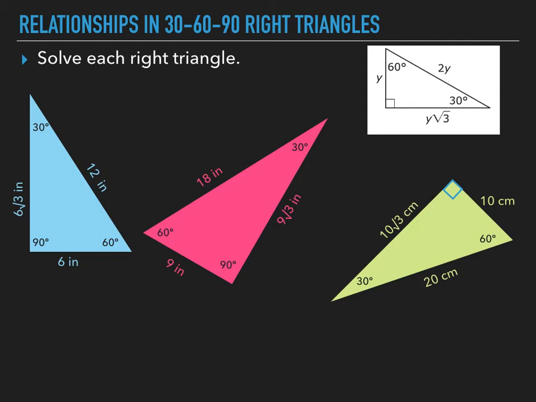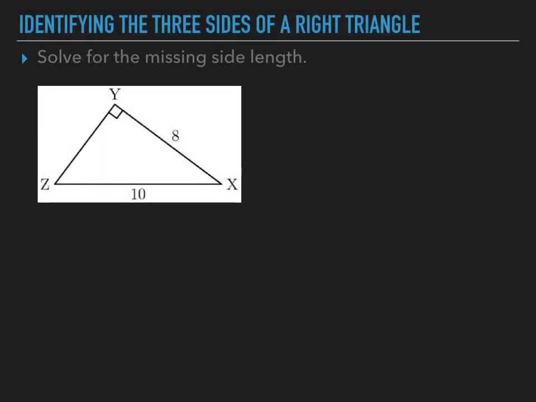Now, so far, we haven't really done too much with angles other than 45, 45, 90, and 30, 60, 90. But we're going to move on to something called trigonometry. And what's nice about trigonometry is you can find in a right triangle not only missing side lengths, but missing angle measures.